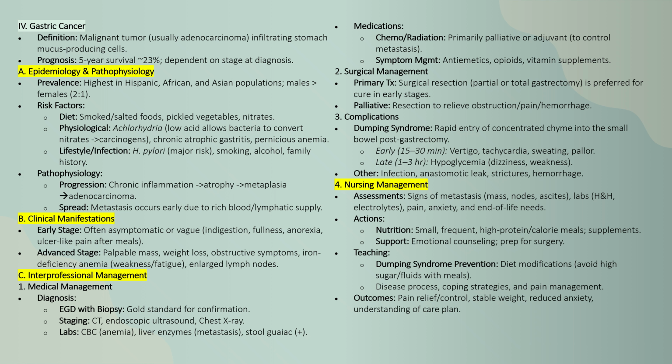CT scan and endoscopic ultrasonography are used for staging. The lab studies may show anemia, low hematocrit, hemoglobin, elevated liver enzymes, and a positive stool guaiac.